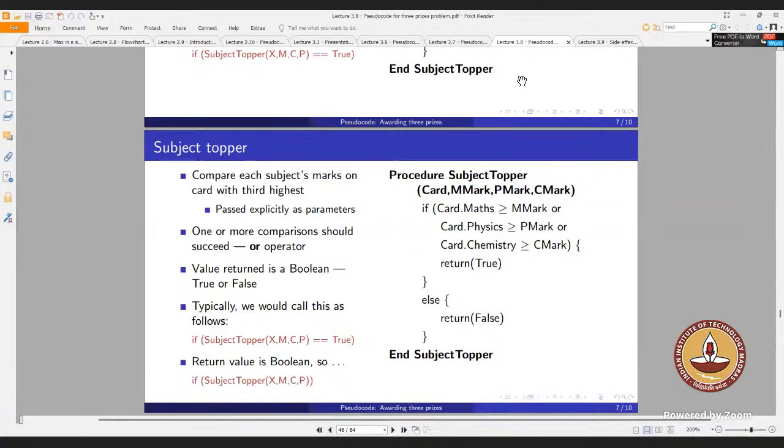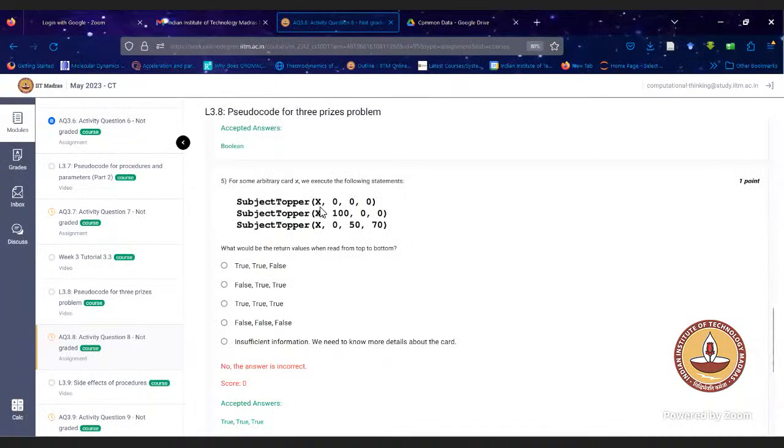So let's see. We'll go back to the question. Yeah, so either one of the conditions has to be true for this to return true in the loop. Clear? Yes, sir.